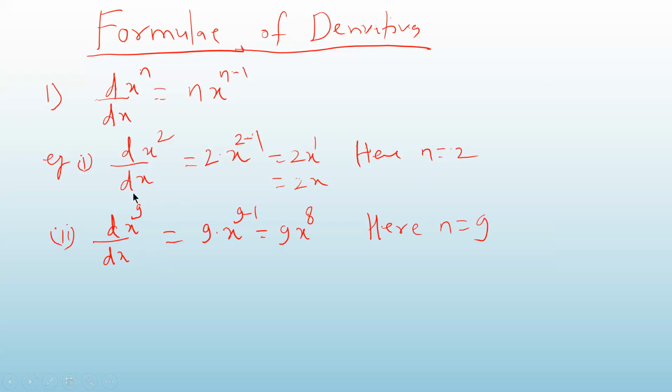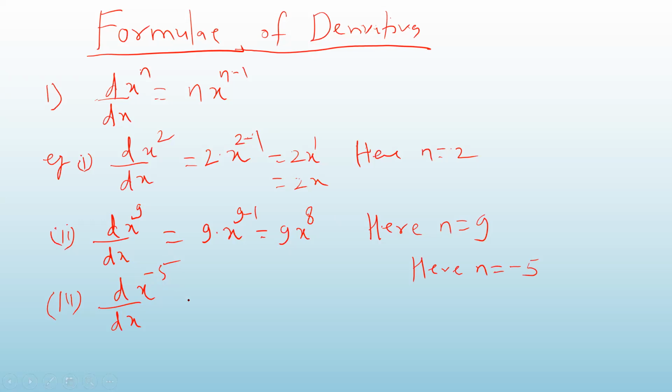In both these problems, I have taken the power which was positive, but that need not be the case always. Let us take a negative power. So the derivative of x to the power minus 5. Suppose I ask you this. Now, what is the value of n here? The power of x is minus 5. So n is minus 5. Apply the formula.